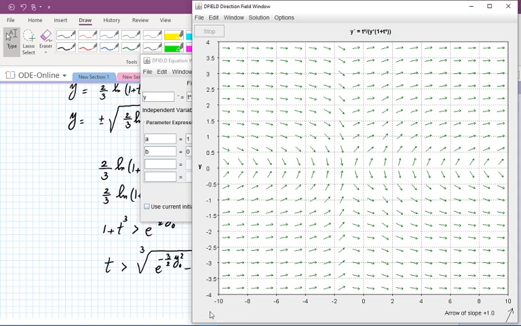By the way, down here you see the coordinates you are at, so that tells you if you're really close or not. I'm trying to be at 1, but it's not quite 1, but let's go ahead and draw it anyway.